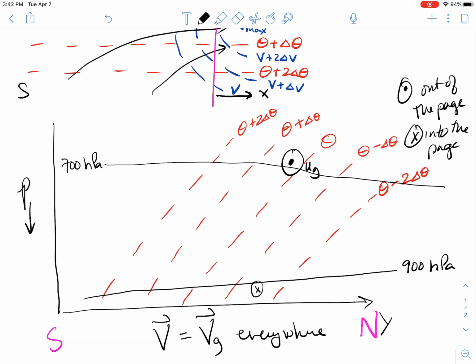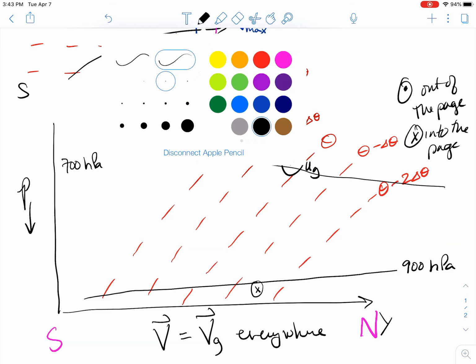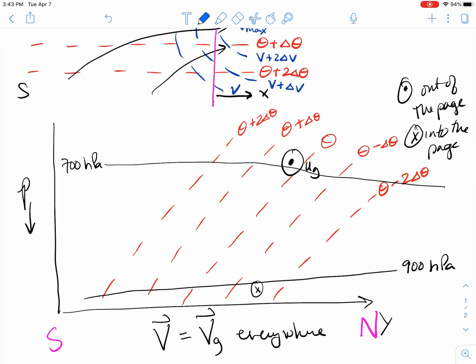If we're looking at just our V components here, we know that with our confluent flow above, we have our VGs pointing in. This is just the component VG as opposed to the total wind. Again, we are here at time t equals t naught.